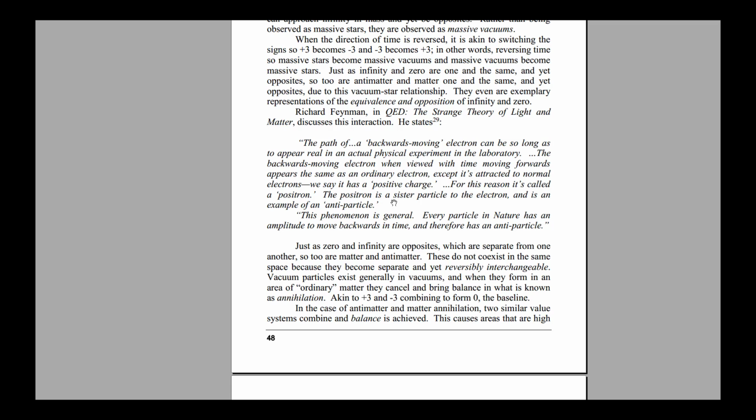The backwards moving electron, when viewed with time moving forwards, appears the same as an ordinary electron, except it's attracted to normal electrons. We say it has a positive charge. For this reason, it's called a positron. The positron is a sister particle to the electron and is an example of an antiparticle.